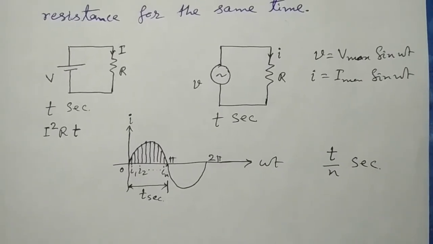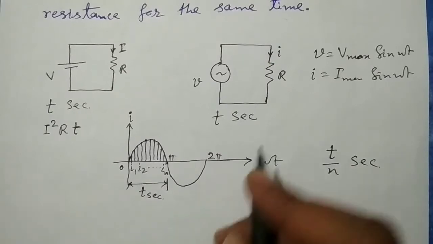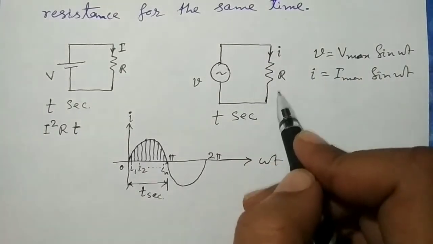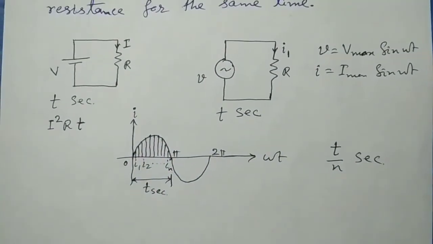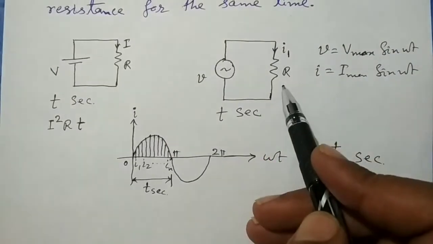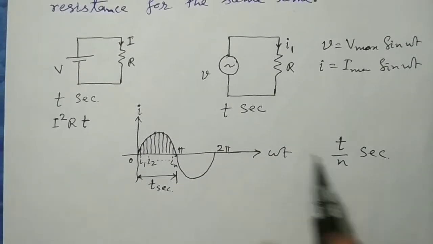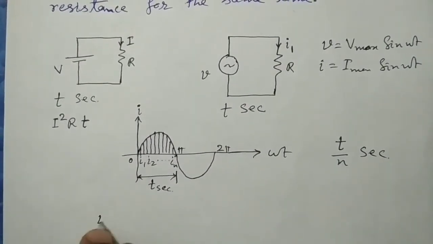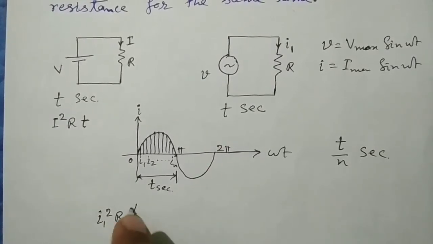Now, when the power supply is given, initially the current that will flow through this load resistance will be i1. So the i1 current will flow through the load resistance for T by n seconds. So the amount of energy produced will be i1 square R into T by n.